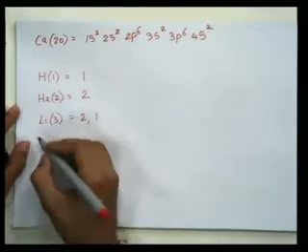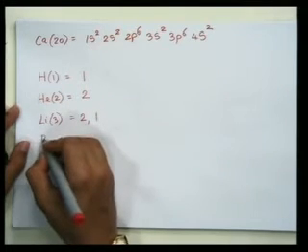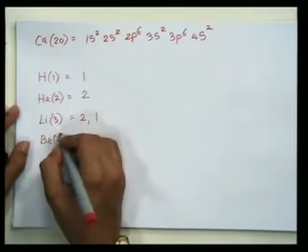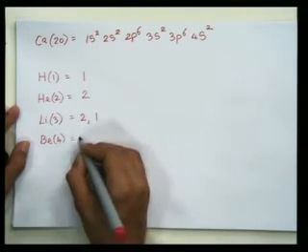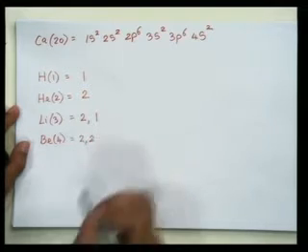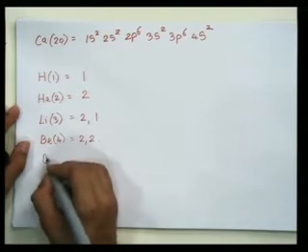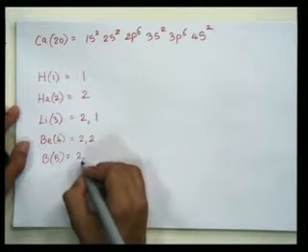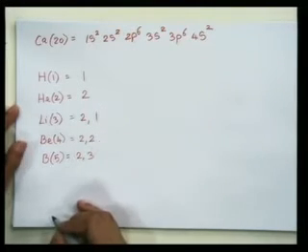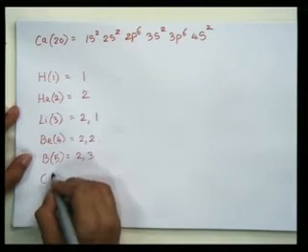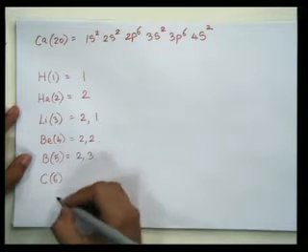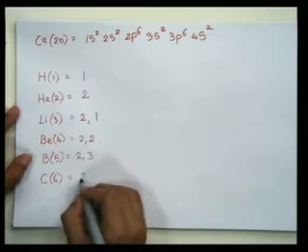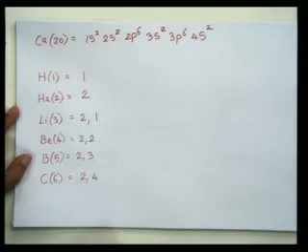Similarly, beryllium having atomic number 4, we can write it as 2, 2. Boron having atomic number 5, we can write it as 2, 3. Carbon having atomic number 6, we can write it as 2, 4.